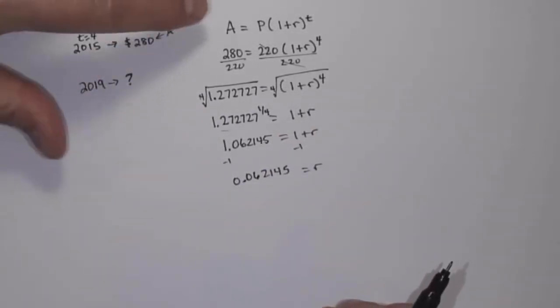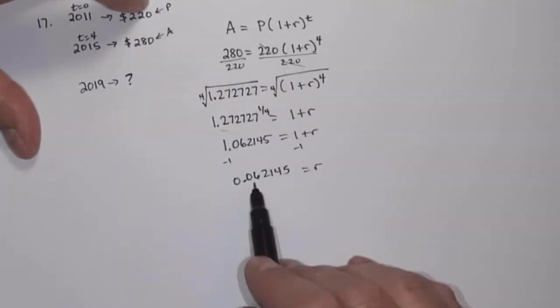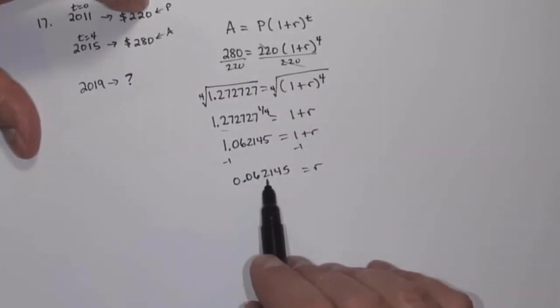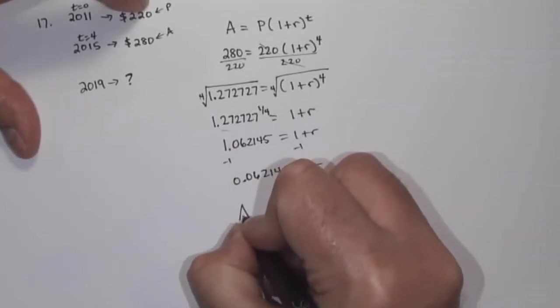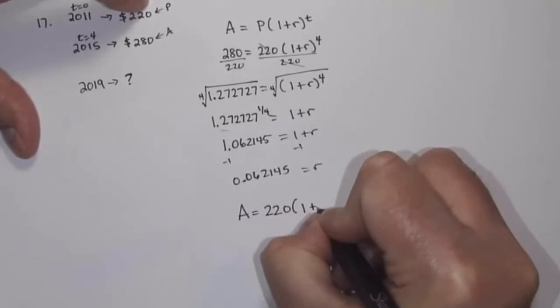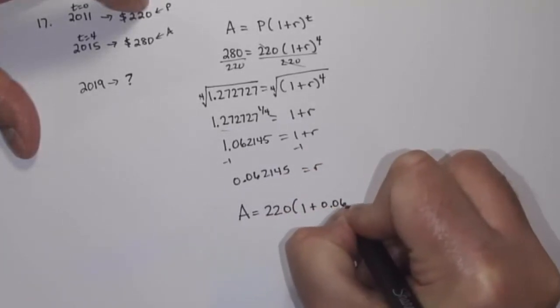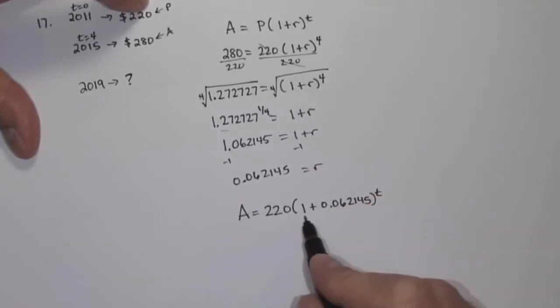Okay? So in other words, if P is 220 and if r we just figured out is 0.06215, then I have that A equals 220 times 1 plus 0.06215 raised to the t power.